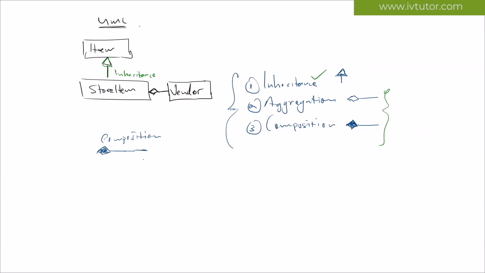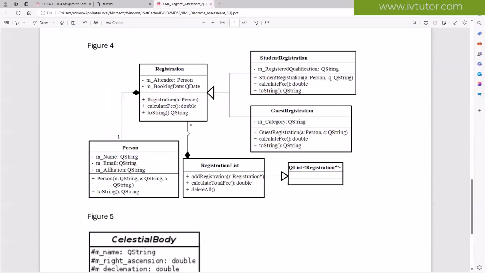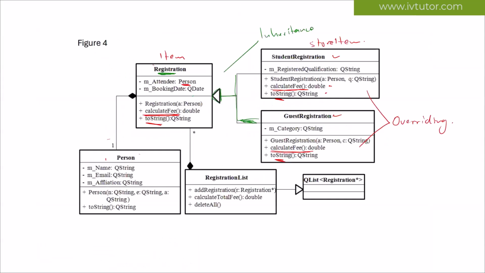What it means is that if you go inside store item, you're going to find a vendor, isn't it? Yes, under private. So if you go inside a registration, you're going to find a person. Under private, yes. That's this.